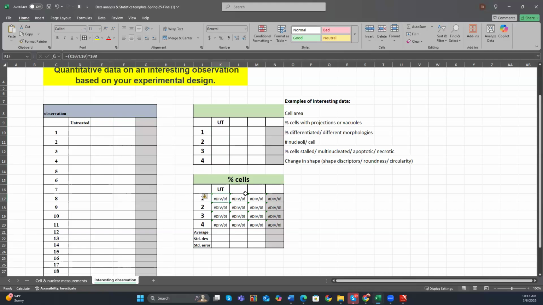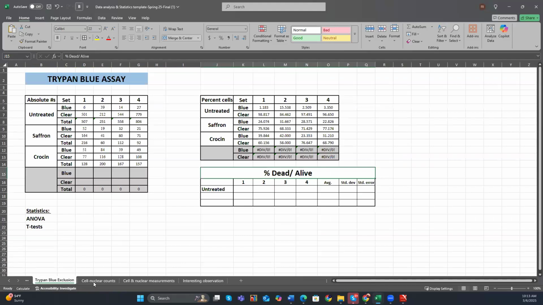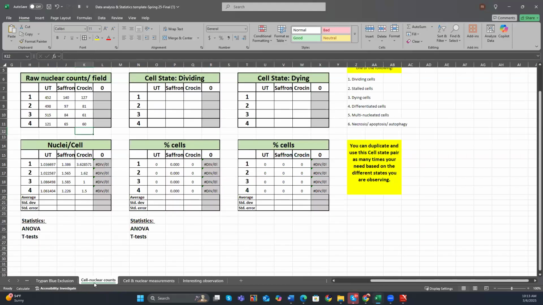And then you are going to change this formula to reflect how you would get the percentage. This is not the correct formula. I want you to do it. I'm going to go through and help you with all the others, but this one, you have to figure out how to do it. Remember that to get percentage, you'll need the total number of cells, which are present back here somewhere, right here. So you need to convert the formula to reflect that so you can get the correct percentage. Okay.